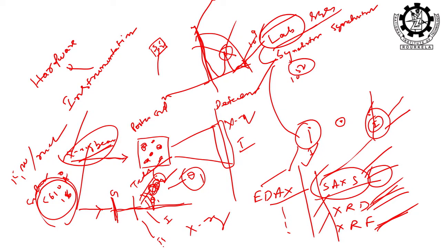That is why the detector here consists of X-ray sensitive detectors. The eye can be a detector only for visible light, but not for invisible light like X-ray.